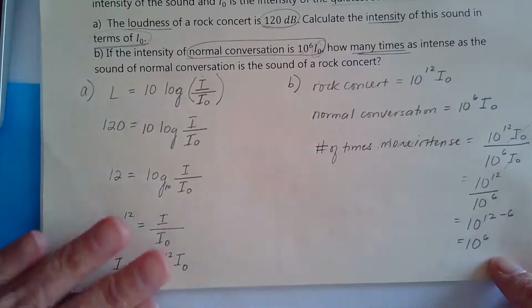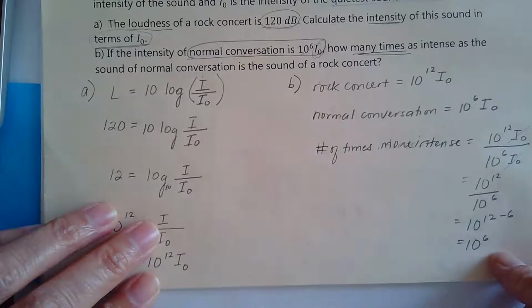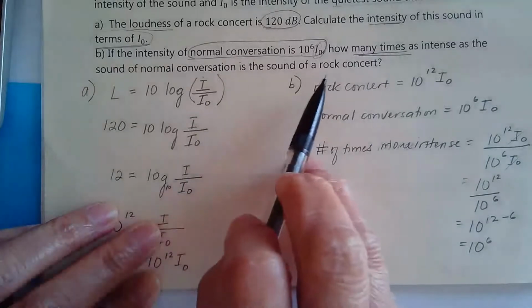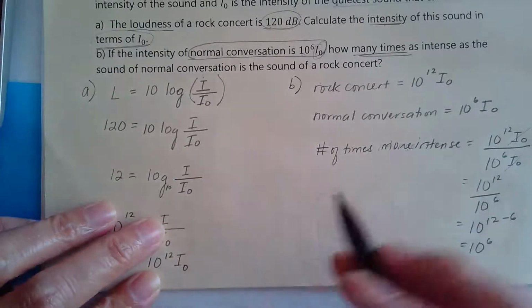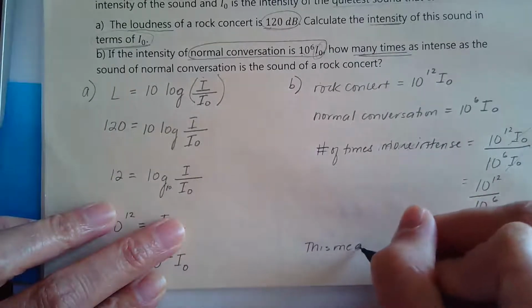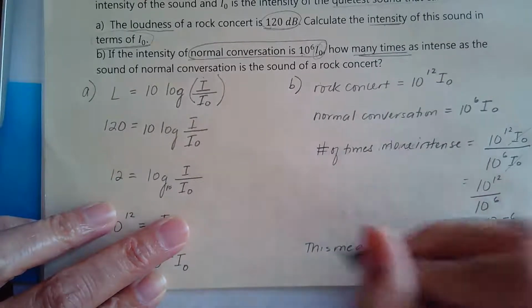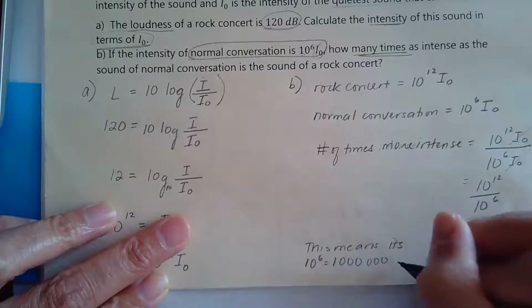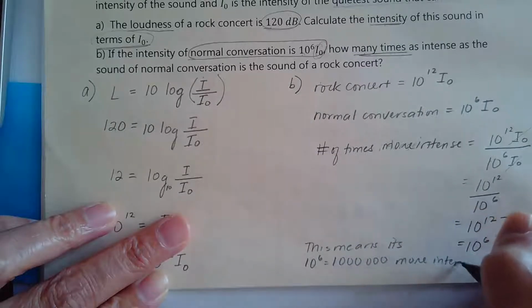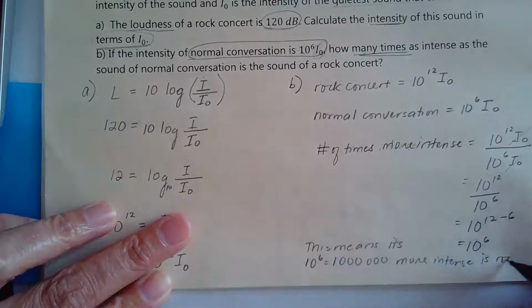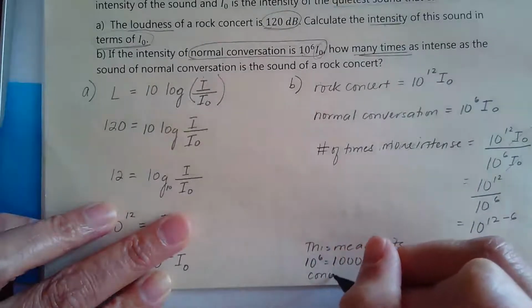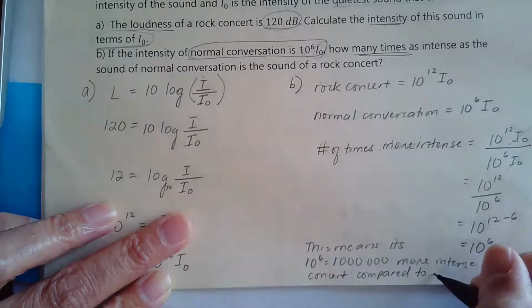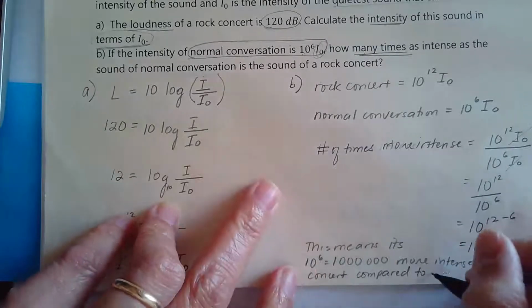The rock concert is a million times more intense, 10 to the 6, which is 1 million, compared to the normal conversation.